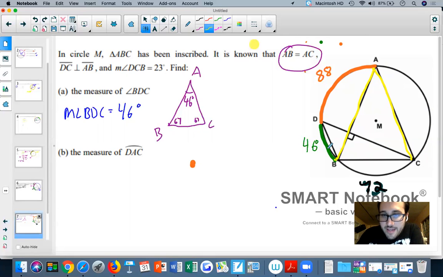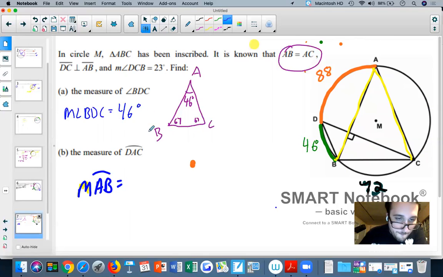So B to A is 88 plus 46. 88 plus 46 is 134. So the measure, let's use a different color, the measure of arc AB, what did I say? It's 134.